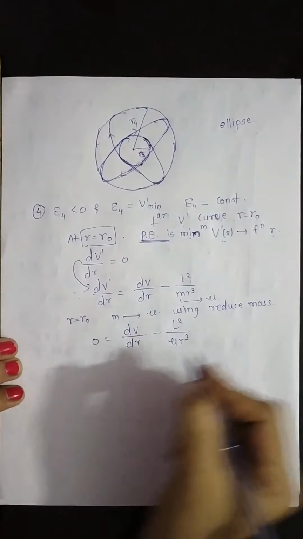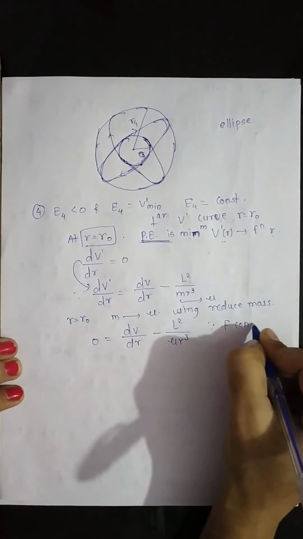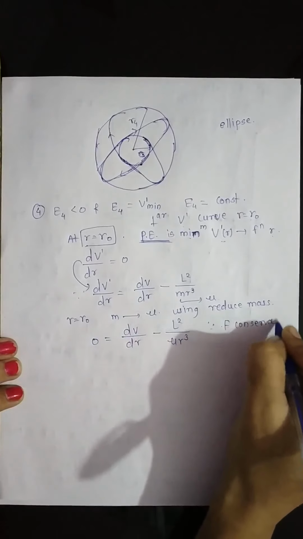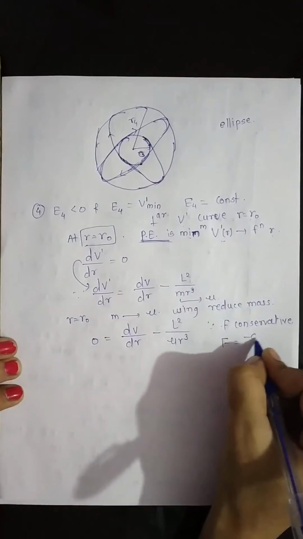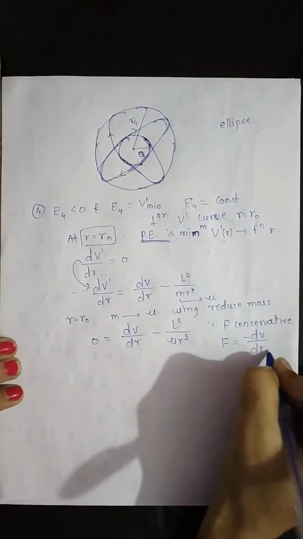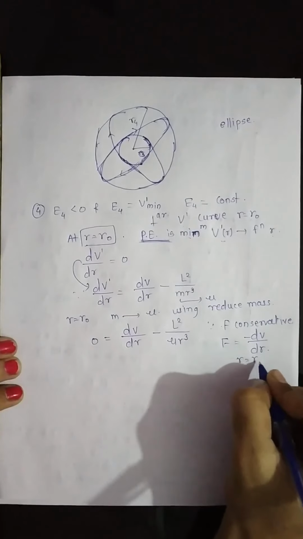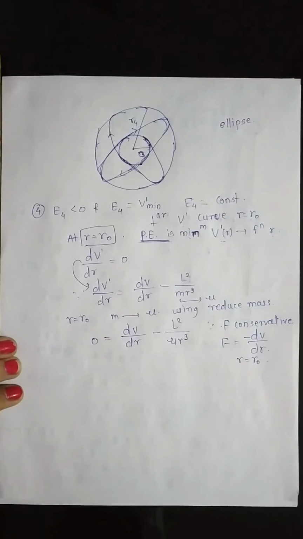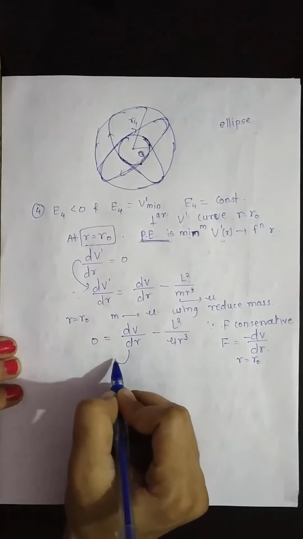Now since our force is conservative, we can use the definition that F equals minus dV upon dr. You are very familiar with this, and this will be at r equals r naught. Now I will take this term over here.